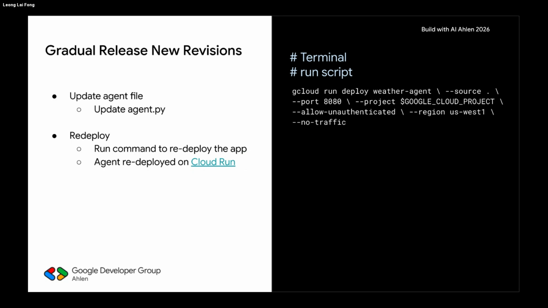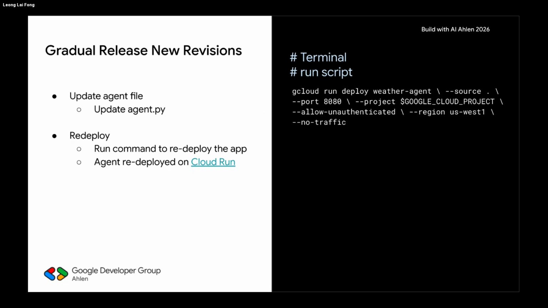Maybe the first time I'm not so confident, so I want 90% of the traffic routed to the first revision, and only 10% of the traffic to the second revision, the updated version, right? Then we will do some testing and evaluation. When we are more confident, we slowly increase the traffic.